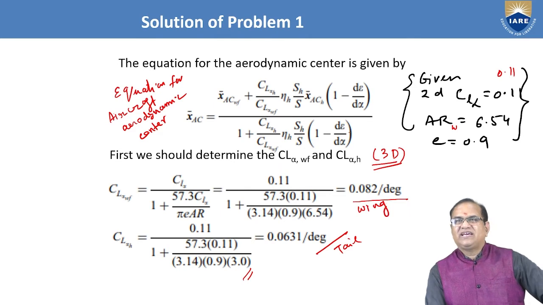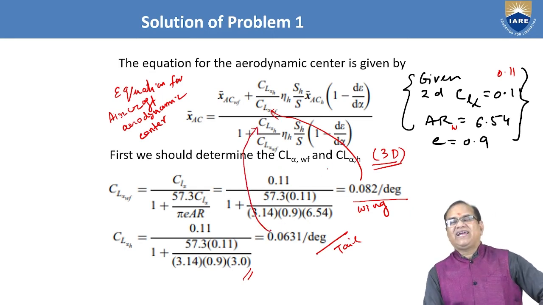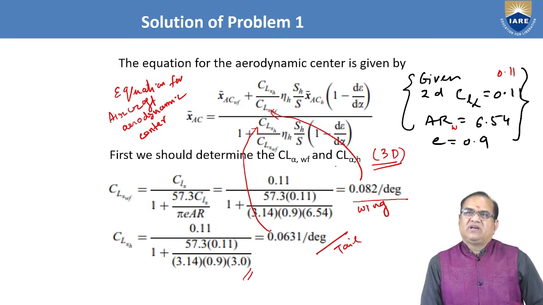So we got CL alpha H from here, and CL alpha WF from here. This value we have to put here and this value here, and all the other parameters are given.